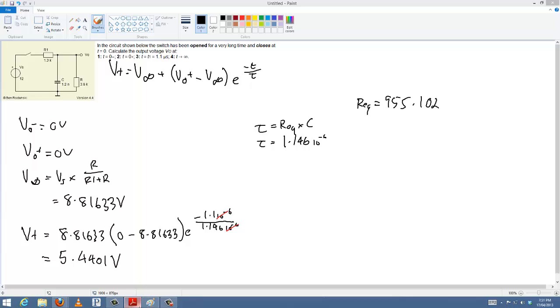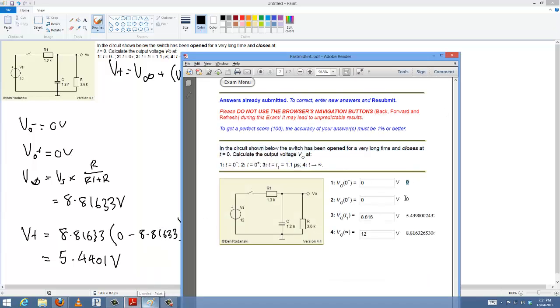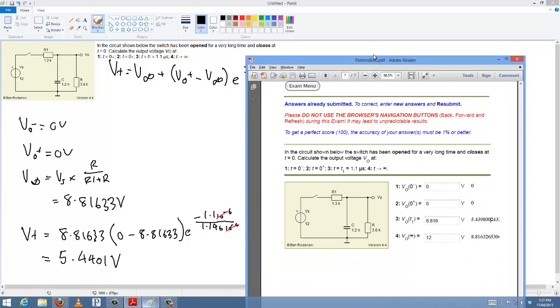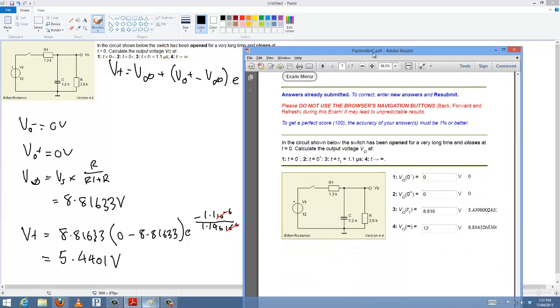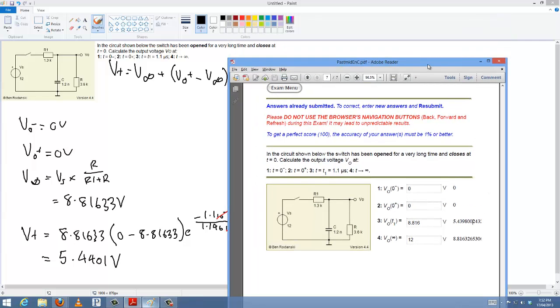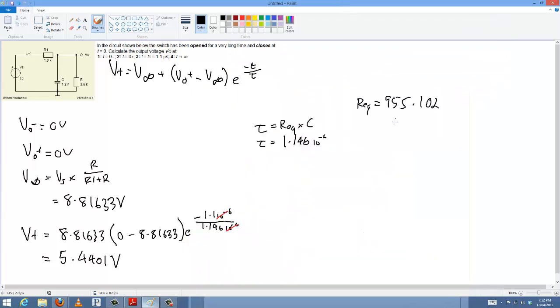Checking that against our answers, 0, 0. It's reasonably close. It's kind of strange how it's not that close, but that's within 1%, so you don't have to worry about that. And obviously 8.81632. And voila, that's pretty much it for the rest of it.